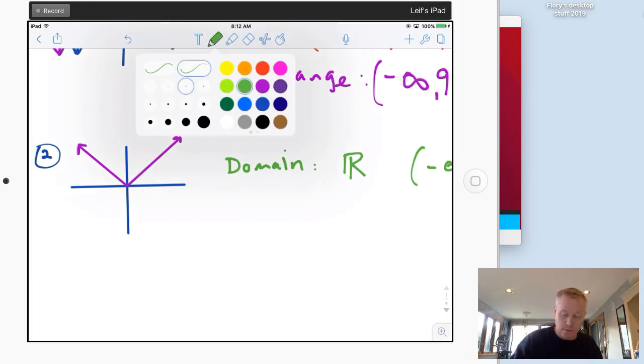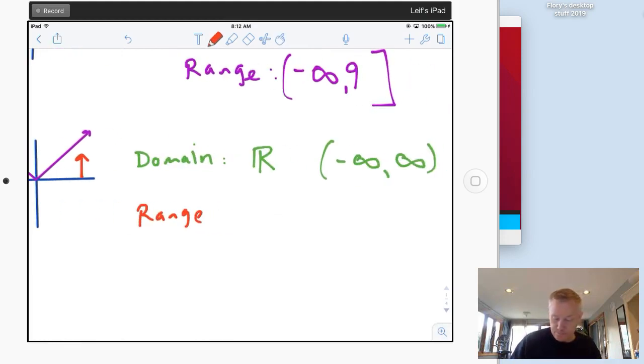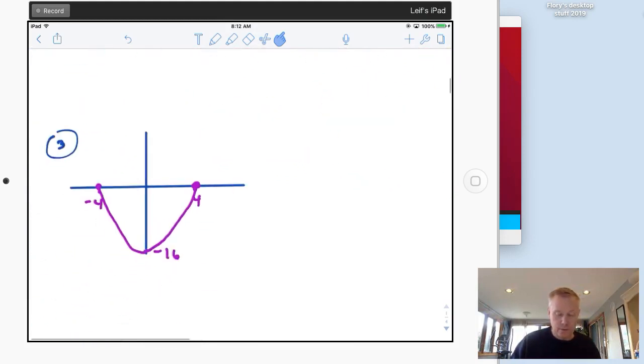Obviously, there's a limitation on the range. The range starts here and goes up, which means the range would start at 0 and go up to positive infinity. That one's not included. That one is. Okay, so that would be your range in interval notation.